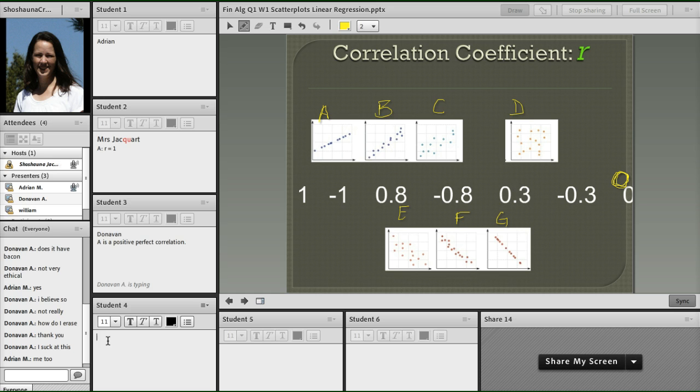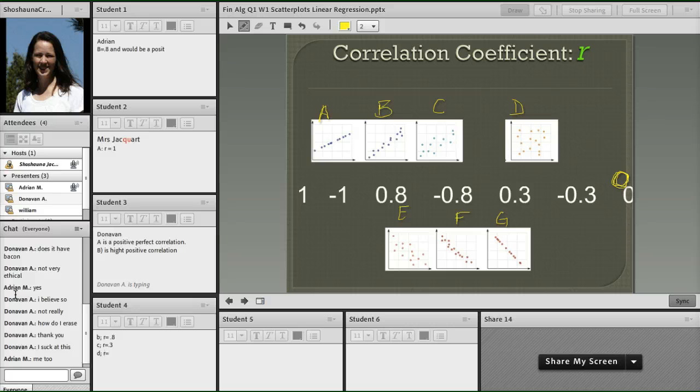So then do B colon, and then what does R equal? Okay, I'm liking your answers, Adrian. Good job.